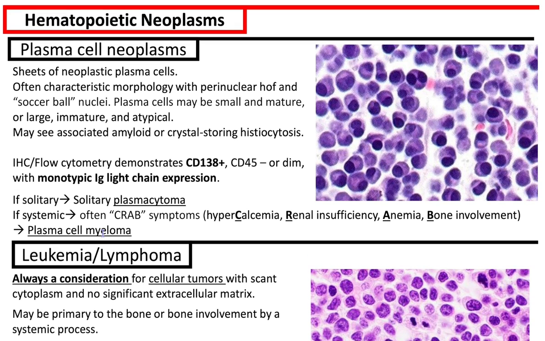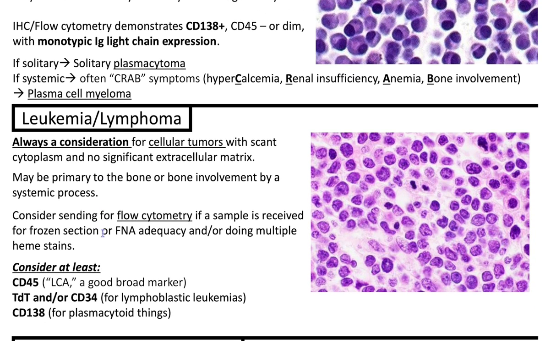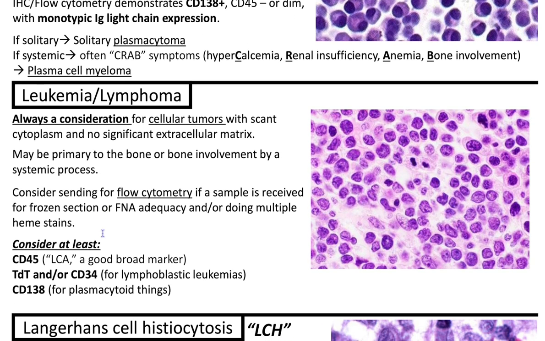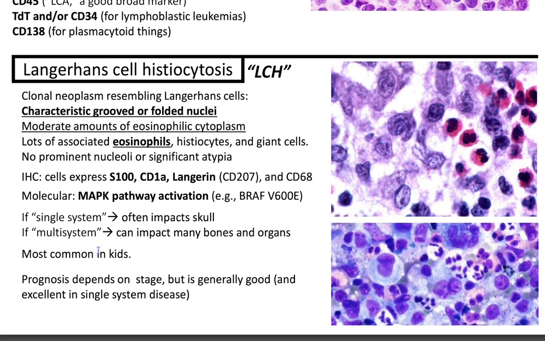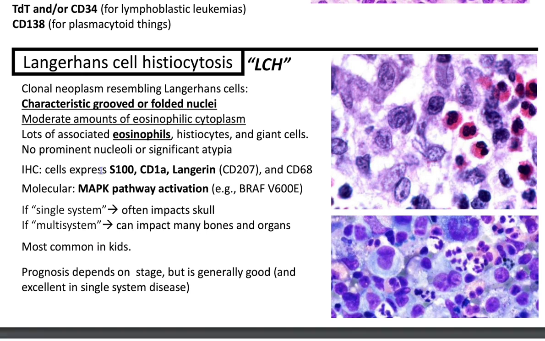Hematopoietic neoplasms, think about your plasma cell myeloma or plasmacytoma if solitary. Think about leukemia and lymphoma for your small round blue cell differential. Consider sending for flow. Consider at least CD45, TdT, and/or CD34 and CD138. Your histiocytic lesions, Langerhans cell histiocytosis. Get your S100, CD1a, Langerin.